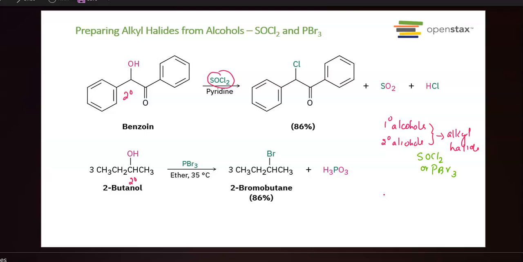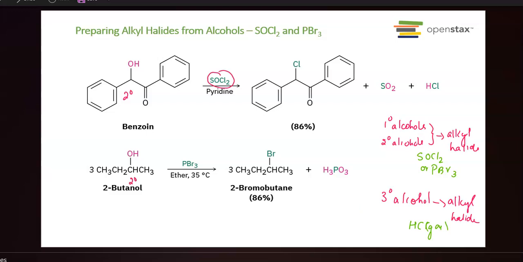And if you have a tertiary alcohol, then the best method to convert it into an alkyl halide would be to use HCl gas. We will look at more details of the mechanism in another chapter, but for the time being, you can remember this as a method of preparation.